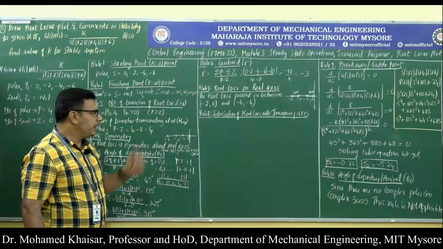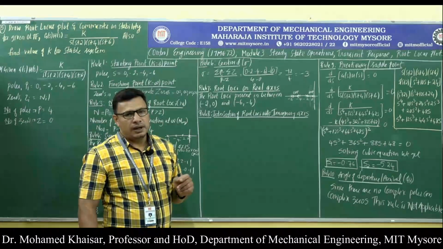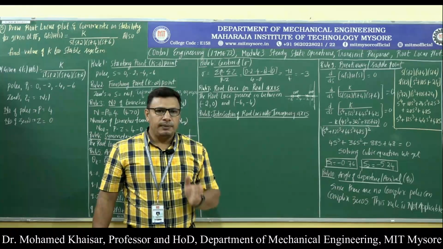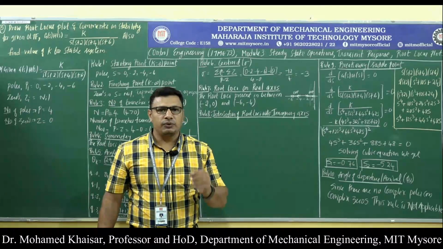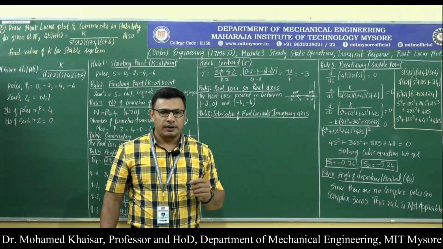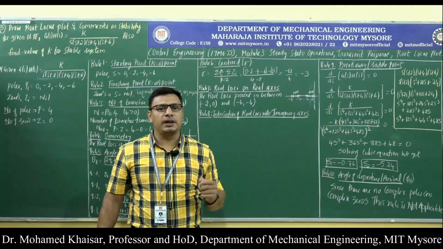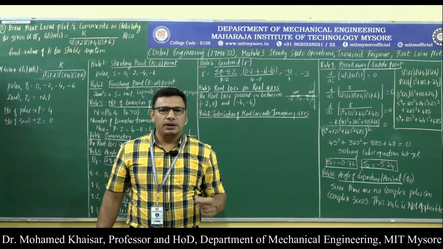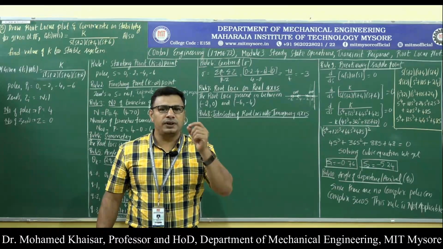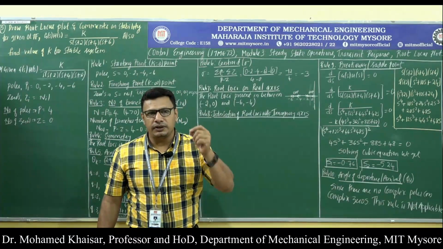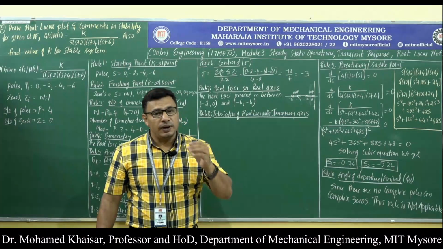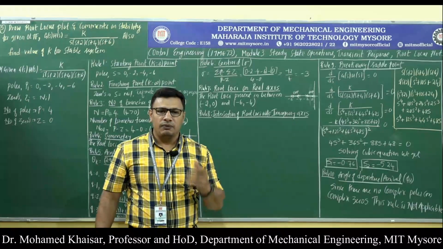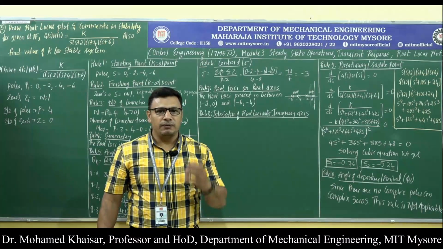What do we get from this particular rule? We will get where exactly on the imaginary axis the branch of root loci is going to intersect. That is, we will get the j omega value, the frequency at which the root loci intersects the imaginary axis. Then we will also get the value of k. What is k? It is nothing but the gain. What is gain?